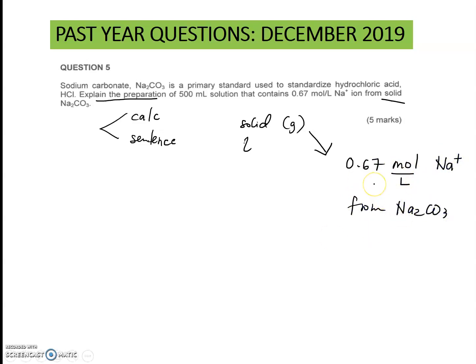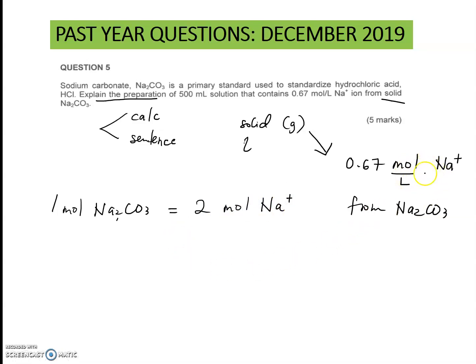So actually it is the same as the previous one. You straight away find the equation. 1 mole sodium carbonate equals how many moles of sodium? Look here, there are 2 moles of sodium.